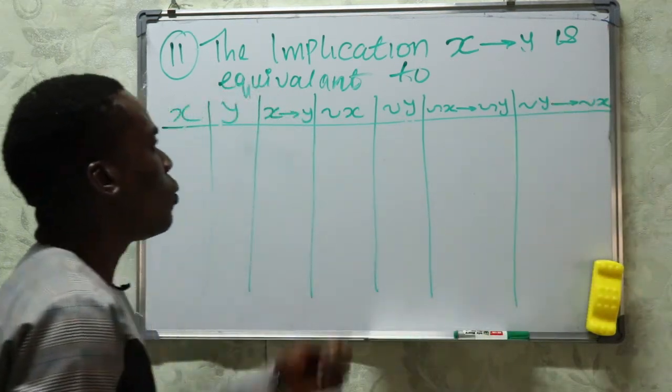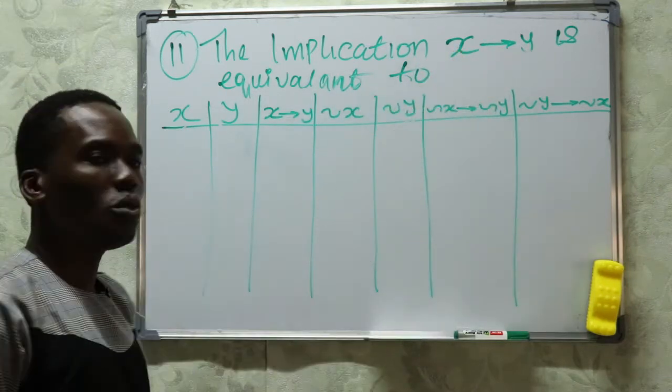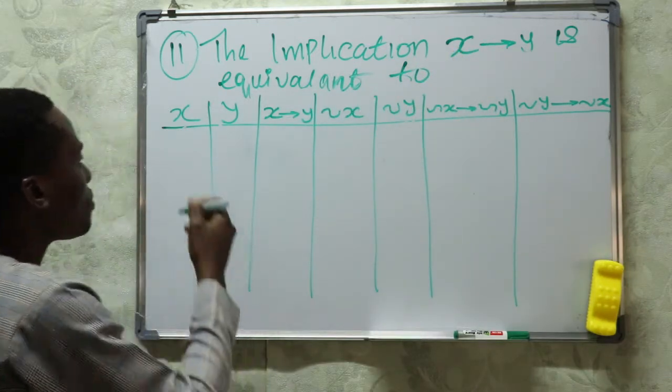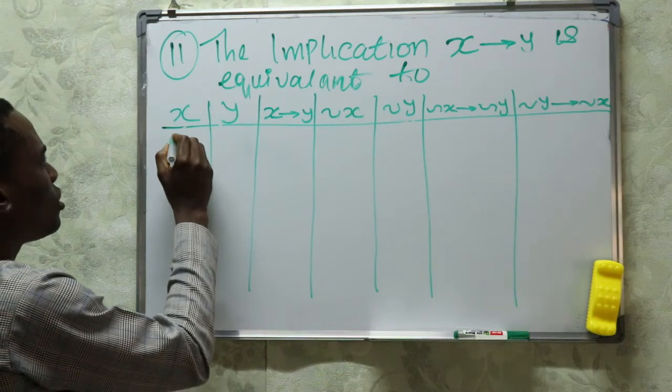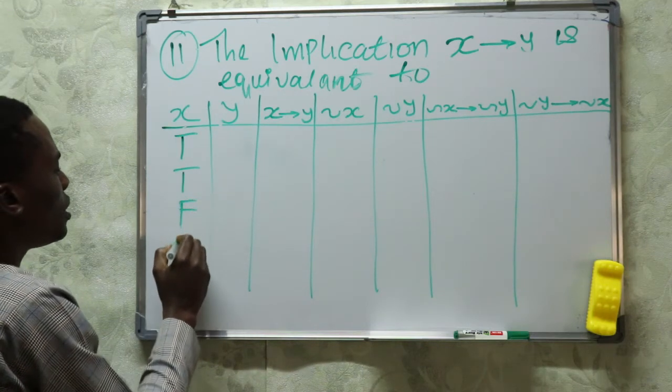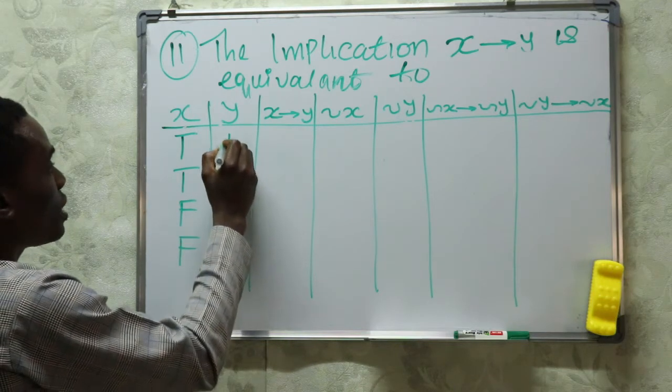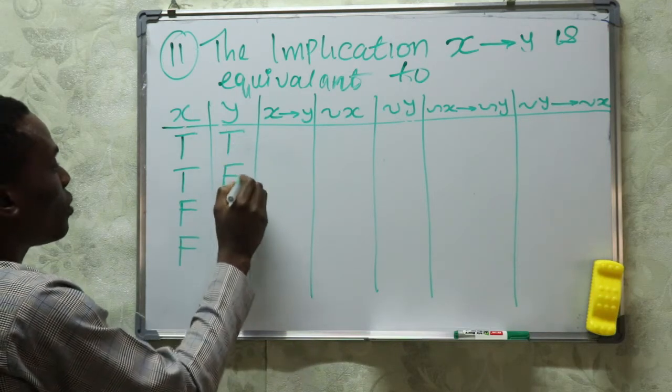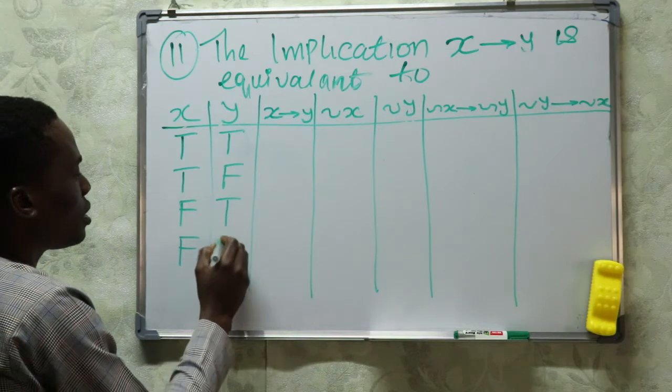Let's see the one that will be equivalent to this value. Now let's assume that this is true, this is true, this is false, and this is false. Then this is true, this is false, this is true, and this is false.